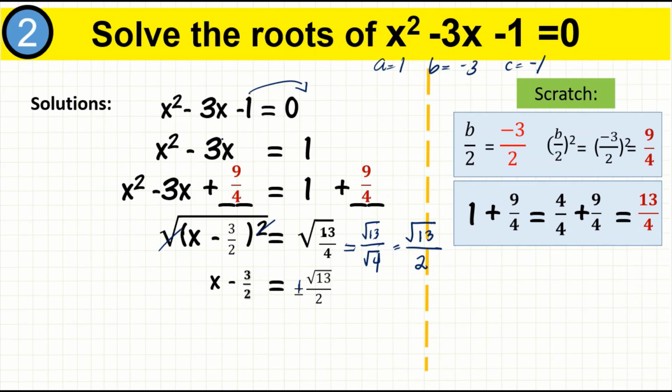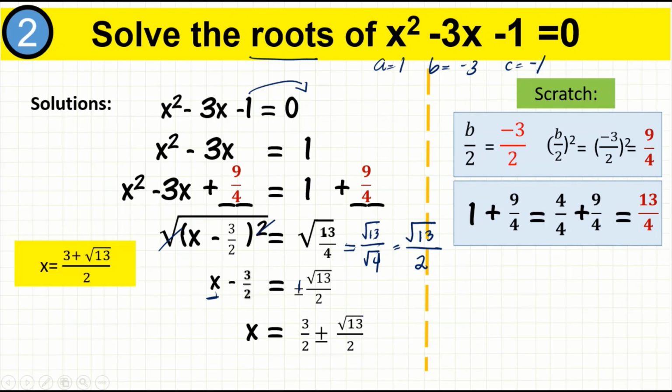Okay, and then to get the roots of this equation, ilipat natin si negative 3 over 2 dun sa kabila. So, ano ang matitira? We have x. So, x is equal to 3 over 2 plus minus square root of 13 over 2. Okay, since we have same denominator, pwede na natin pagsamahin ang dalawang numerators na yung isa ay pinag-plus, yung isa ay pinag-minus.